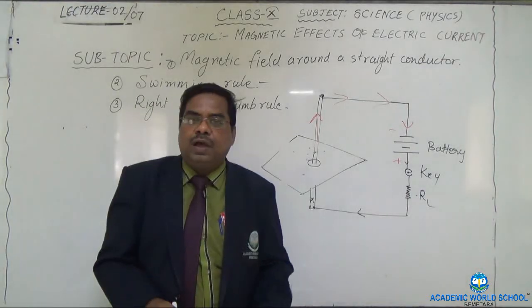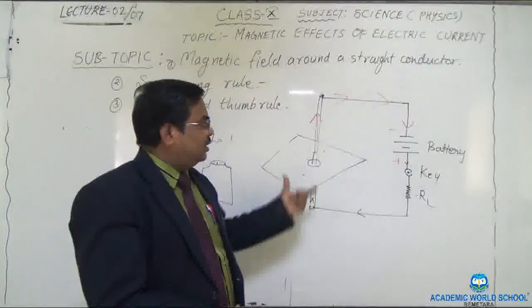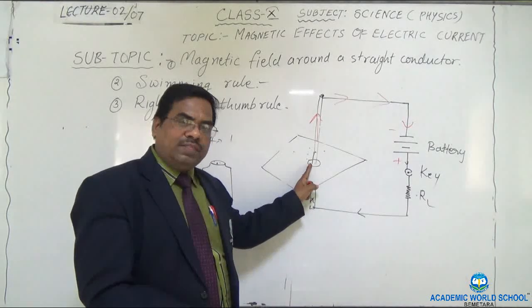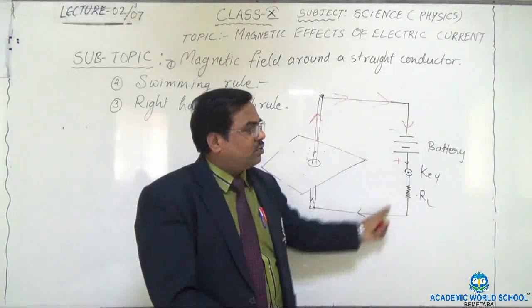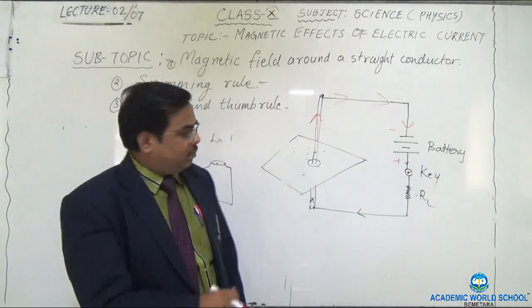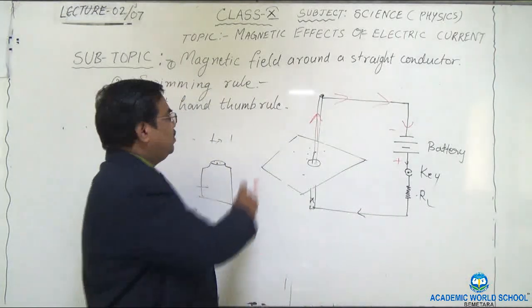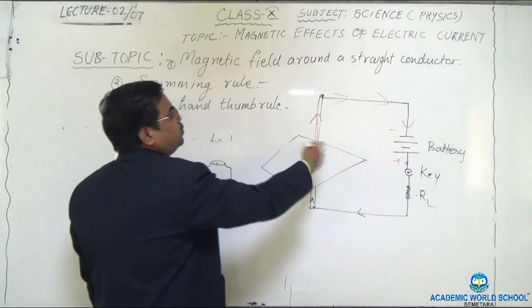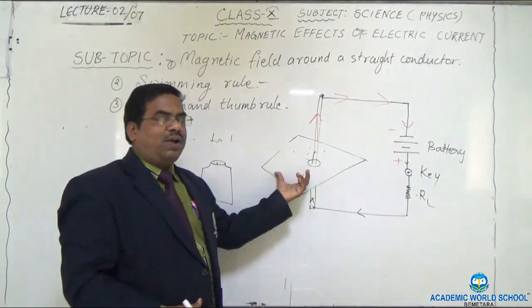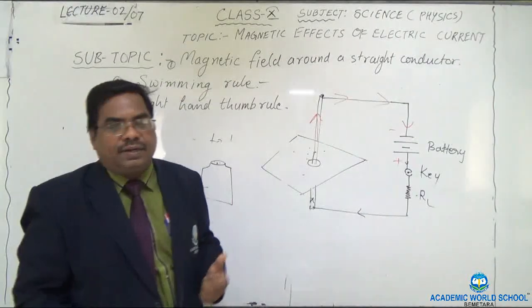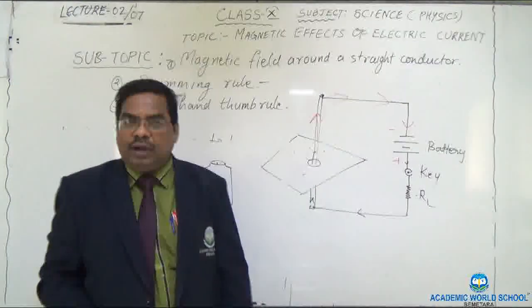Once again, how will you do this experiment? Take a cardboard, make a hole in the middle, pass the conductor through it and connect it through the battery. Then sprinkle the iron filings everywhere on that cardboard. The iron filings will be attracted by the magnetic field.